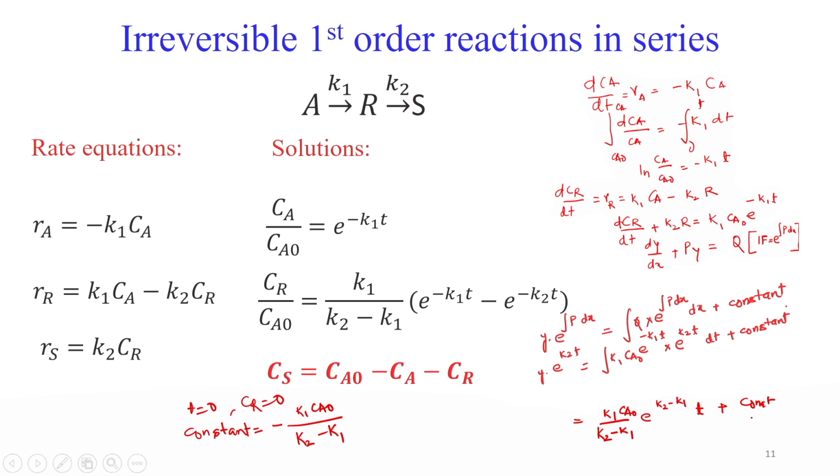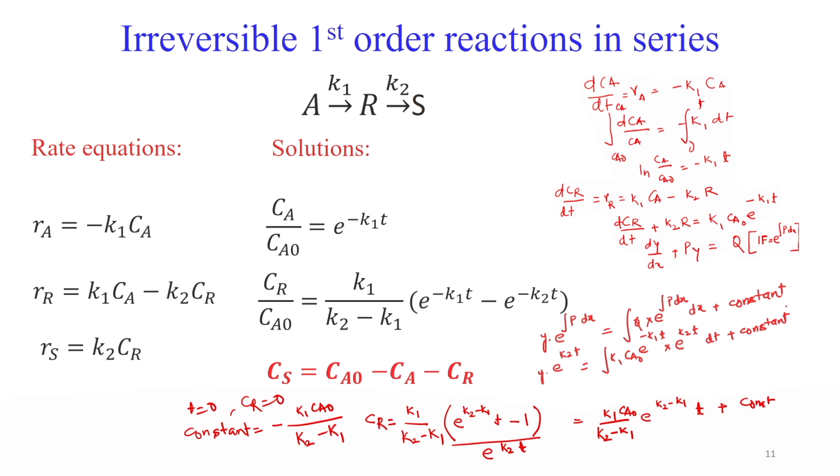So, if you put the value over here, you will get the value of Cr is equal to k1 upon k2 minus k1, under bracket e to the power k2 minus k1 t minus 1. This whole will be divided by e to the power k2 into t.